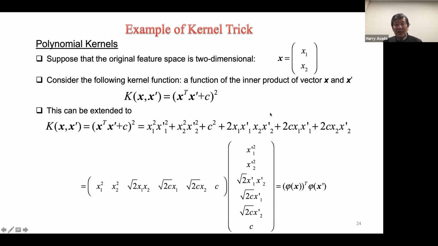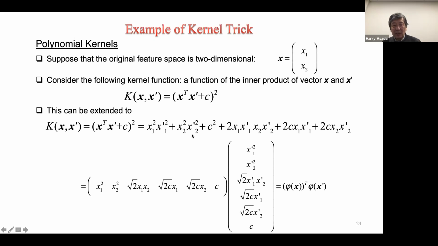Interestingly, this expression can be written in this way. Let's compute this inner product. This times this is x1 square and x1 prime square, and the second component is x2 square and x2 prime square.